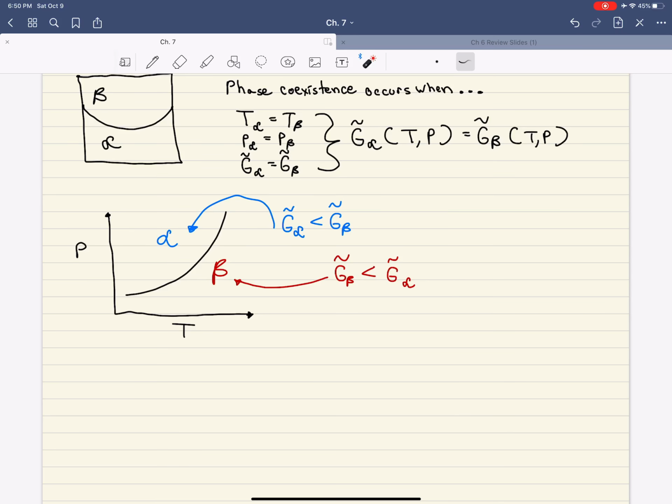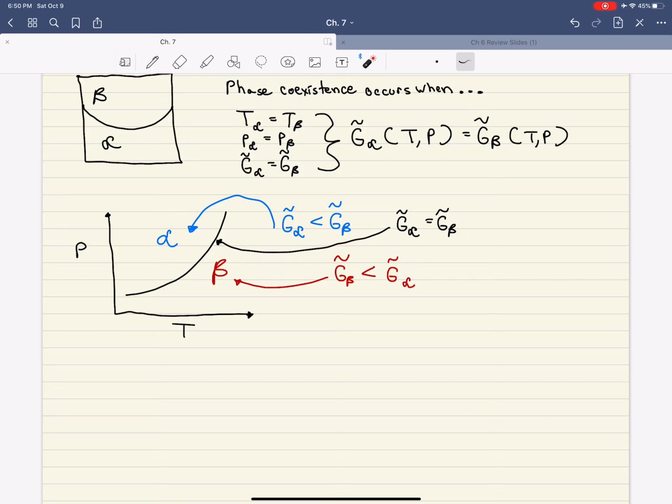Because the beta phase has a lower free energy, the system only wants to exist in the beta phase. And if you're on the black line, the coexistence curve between the two phases, then at those temperatures and pressures G alpha is equal to G beta. Because these free energies are equal, the chemical could exist either in the alpha phase or in the beta phase.